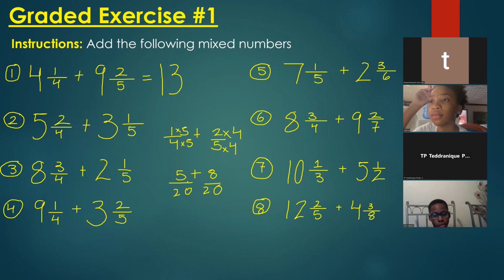What is 8 plus 5? Hello, what is 8 plus 5? 13. So it's gonna be 13 and 13 over 20.